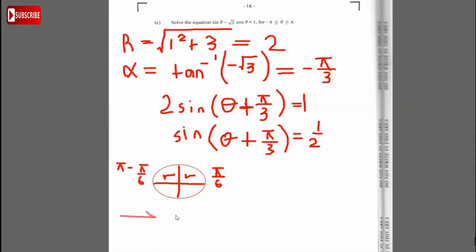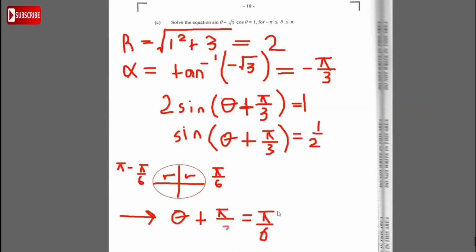So that implies that theta plus pi by 3 is equal to pi by 6.